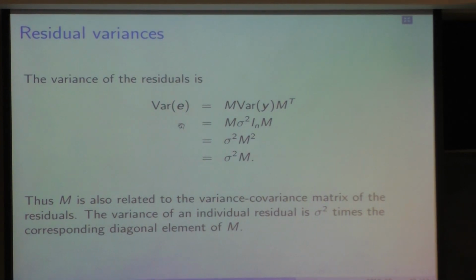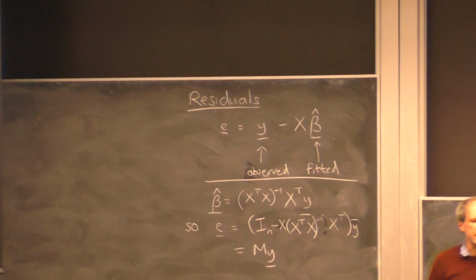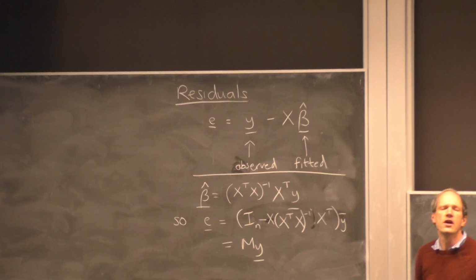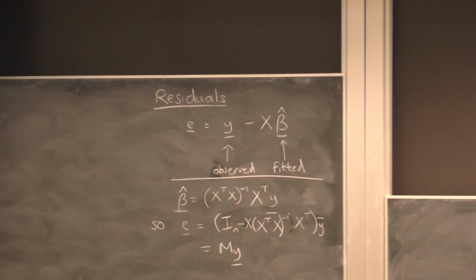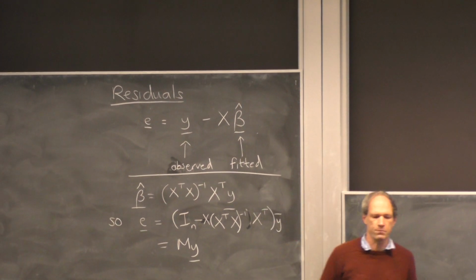Okay, so where I finished Tuesday's lecture, because we're now writing the residual vector e as My, we can think of the variance-covariance matrix of this residual vector e. We can use the standard theory on linear transformations to say that the variance matrix of e is M times the variance matrix of y times M transpose.